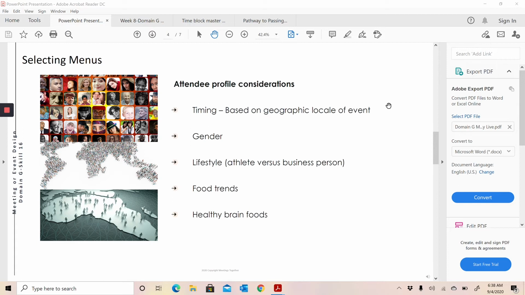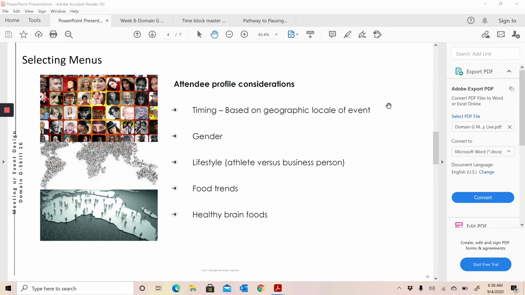And same thing with the gender. So if you have a 50-50 mix, or if you have all male or all female, you are going to order different menu items based on the gender that attends. Lifestyle, so you have your athletes versus a business person. I gave the example of the football players.